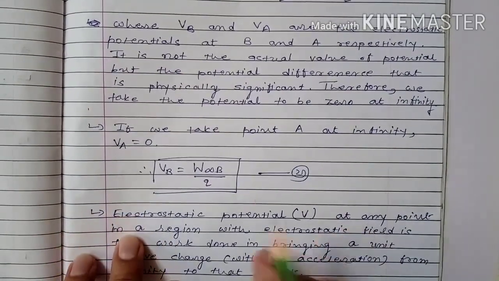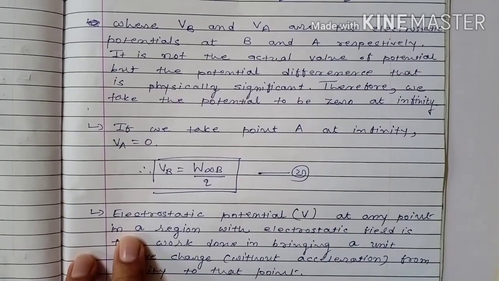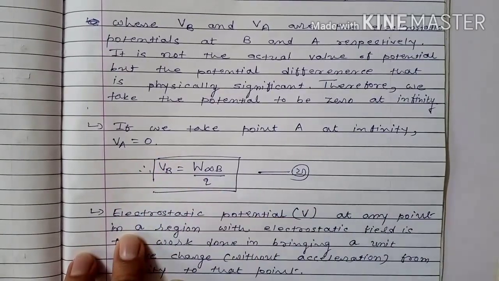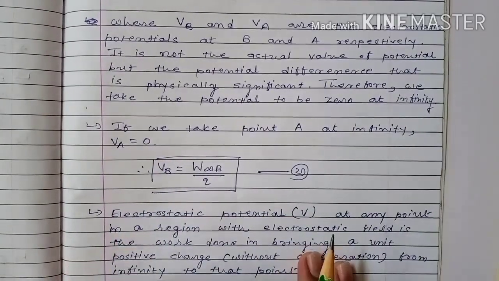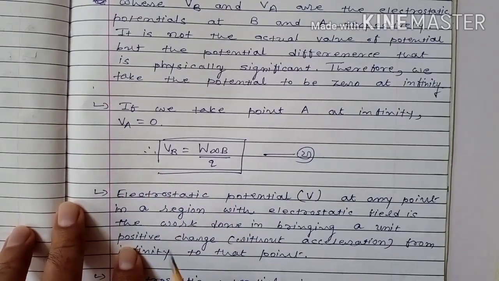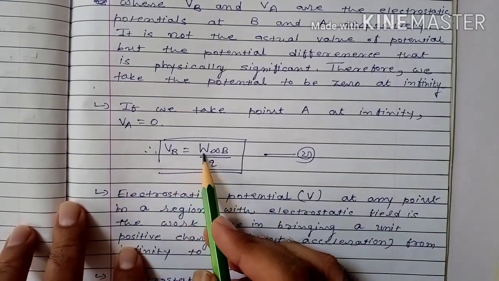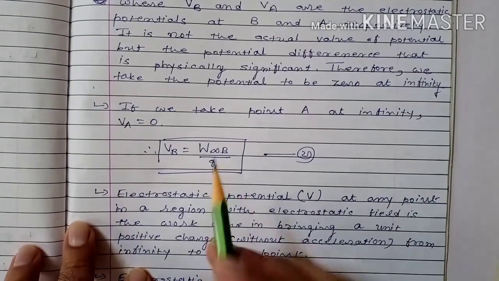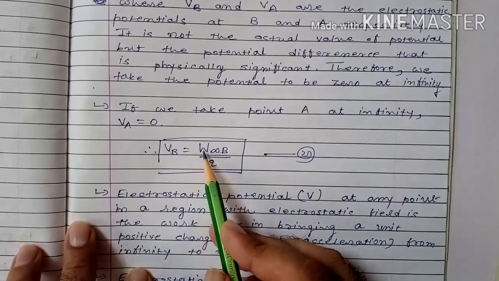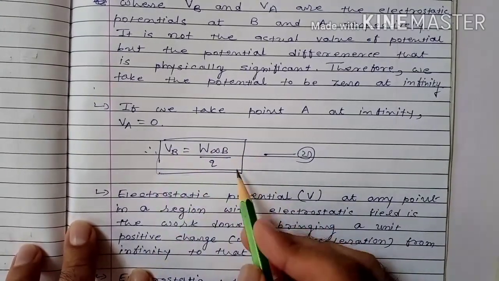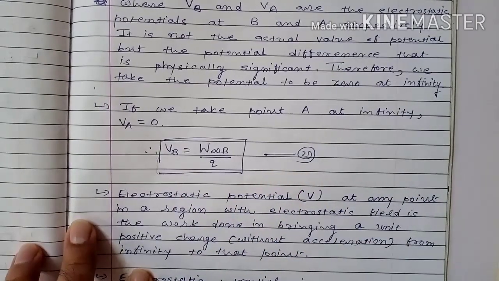If we consider point A very far away from the charge configuration, at infinity, then potential at infinity we take 0. So VA is equal to 0. Therefore, VB is equal to potential at that particular point. Potential at point B is nothing but work done in moving unit positive test charge from infinity to B, that is W infinity B upon Q. That is called electrostatic potential at point B. Equation number 2.